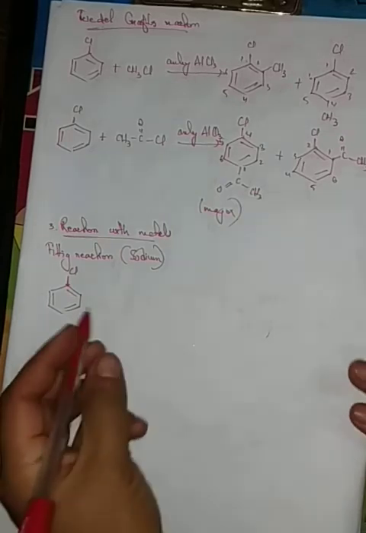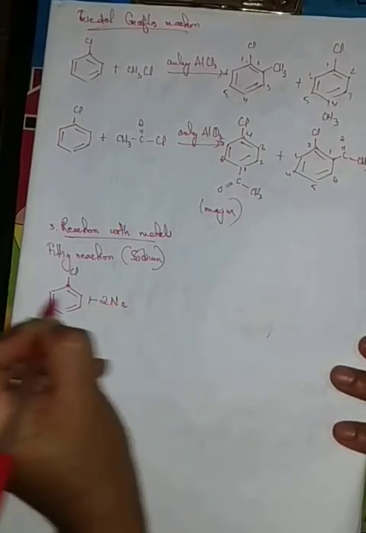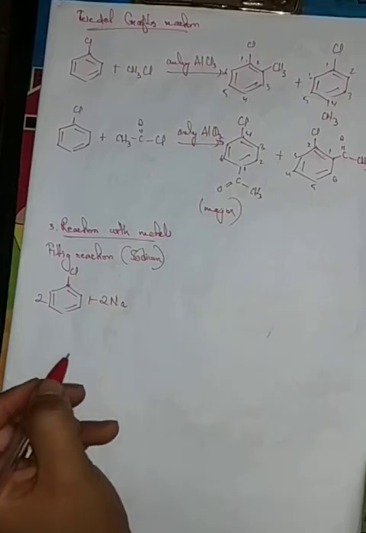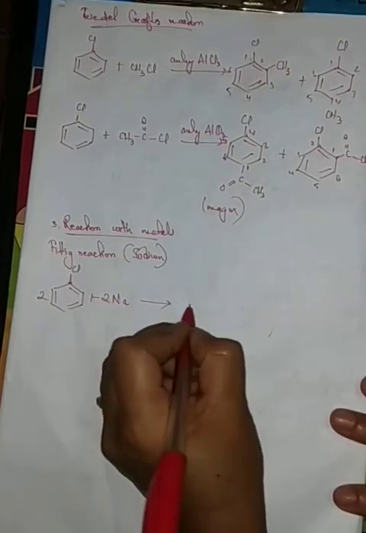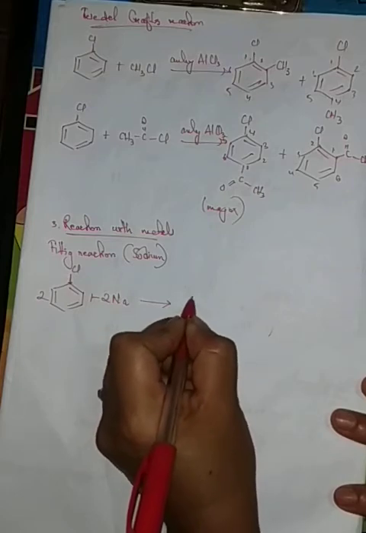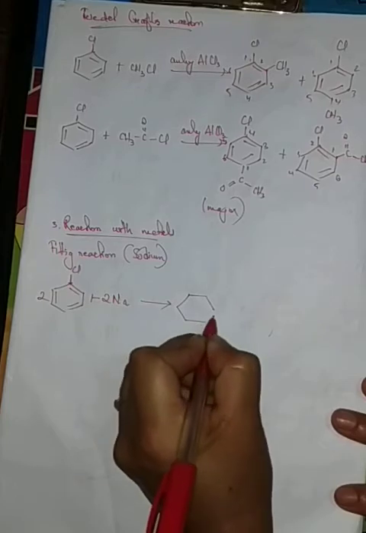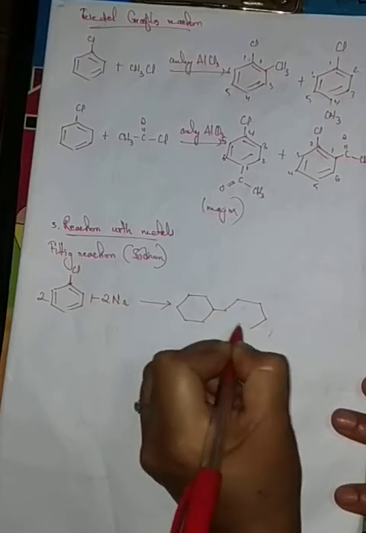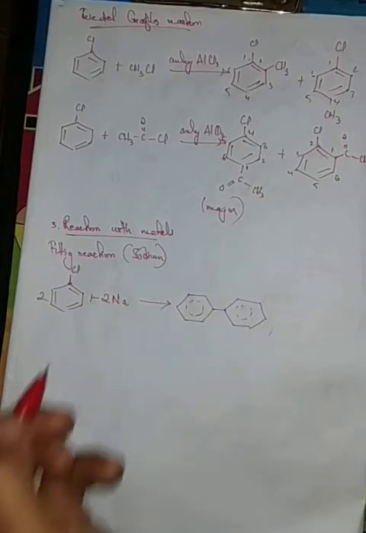For example, here we have 2Na. If we take 2 moles of chlorobenzene here, we'll be getting here diphenyl, also known as biphenyl.